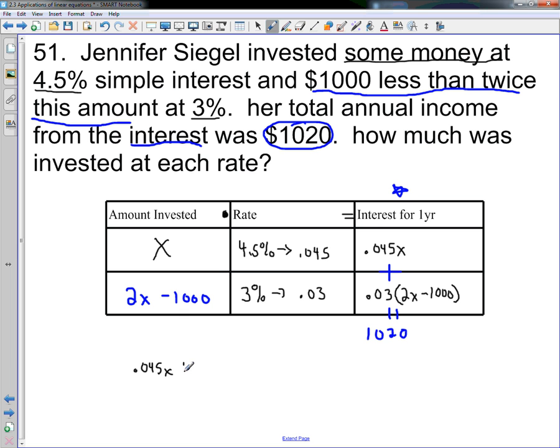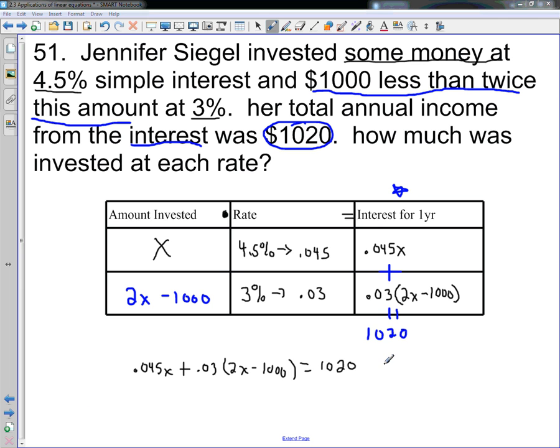We're going to add it with the interest of the second one, 0.03 times 2x minus 1,000, and it should equal a total of 1,020. So we've taken the interest from both, we've added them, and it should equal that 1,020.